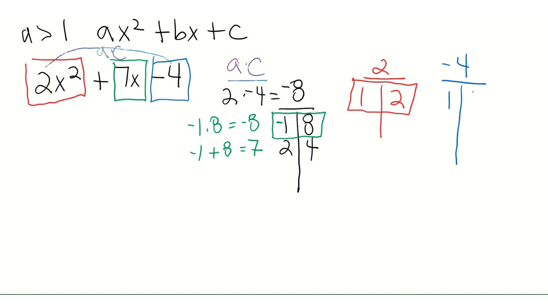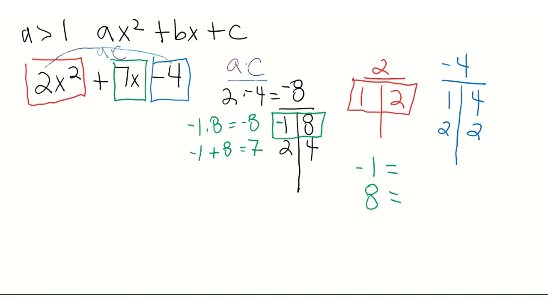So that's 1 and 4 and 2 and 2. So now we need to match them up with that 1 and the 8. We want, when we multiply them together, one of them to equal a minus 1, and the other to multiply together to give me a positive 8.